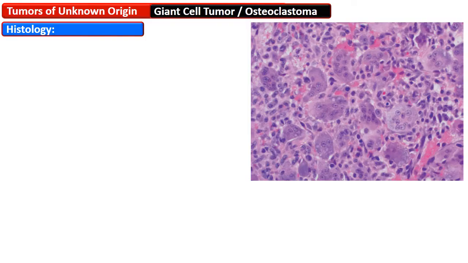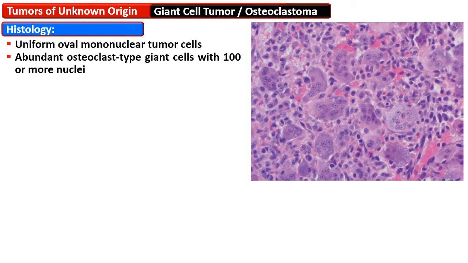The term osteoclastoma or giant cell tumor is a misnomer, as the malignant cells in this tumor are not osteoclasts. The malignant cell is a uniform oval mononuclear cell which lies abundantly in the background of these osteoclasts.